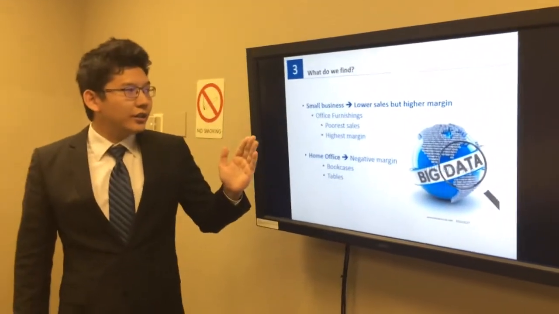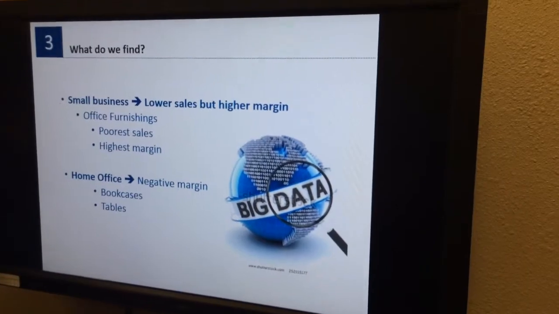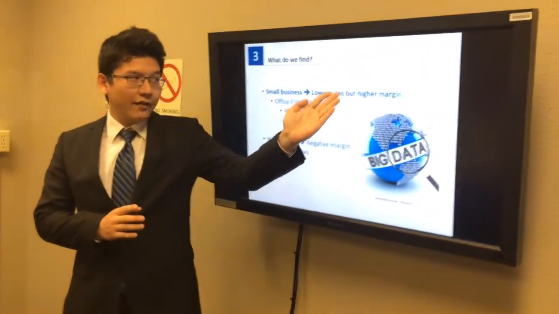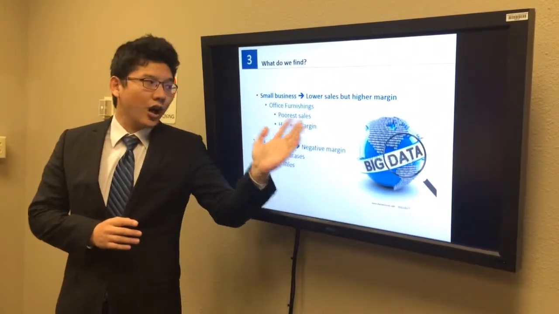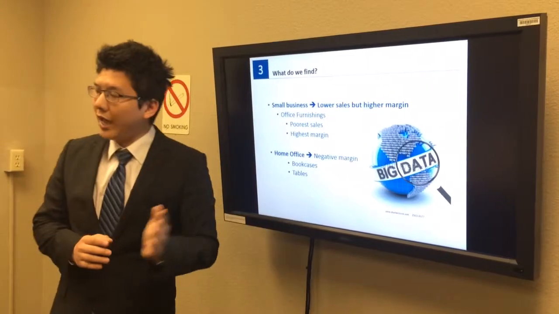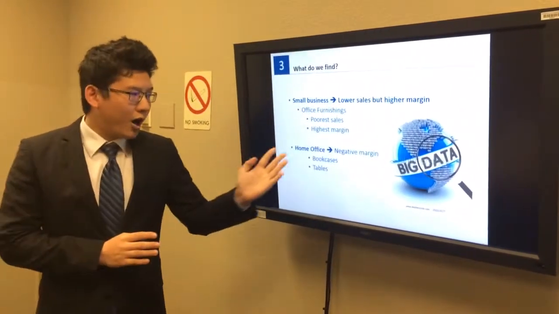So our conclusion is what we find here. As I have mentioned, small businesses have lower sales, but they have high margin. The same thing happens here with office furnishing, a subcategory of furniture, but we have found more. Home office. What happened in home office?